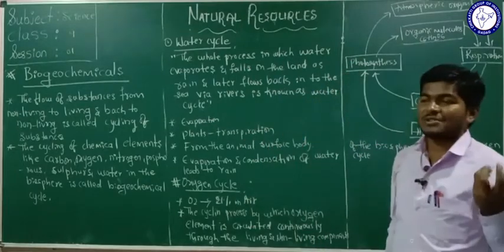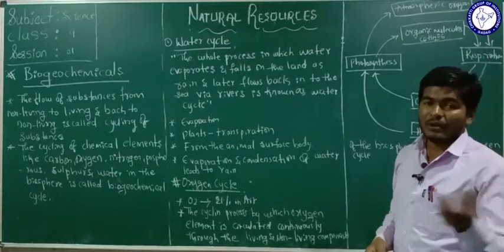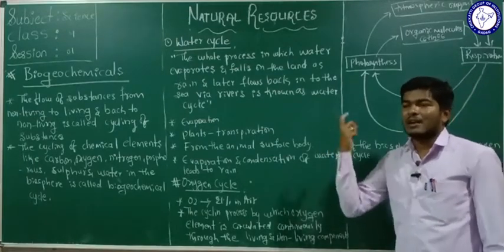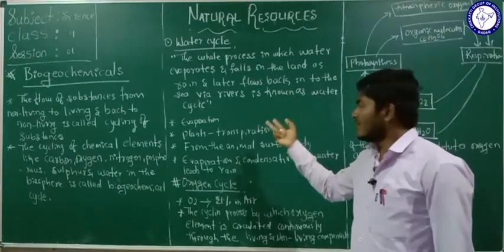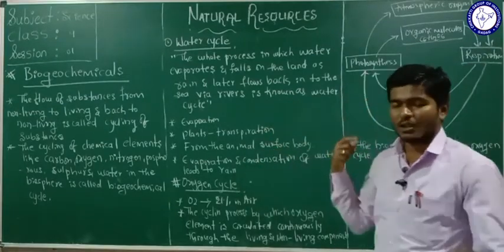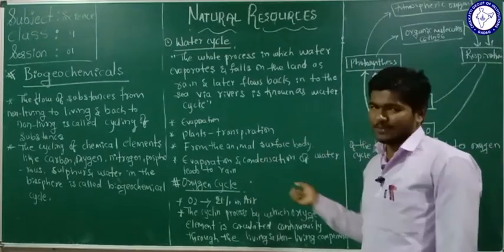So the clouds are not only made by the evaporated water present in the sea, but the clouds also include water from evaporation by plants, by human bodies or other living organisms' bodies, and also by the transpiration process.